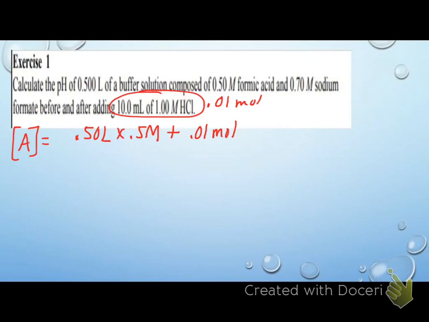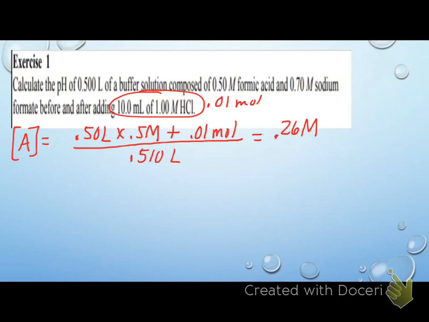And then I need to divide by what? The new volume, which is 0.510 liters. Okay? So that's going to be my new concentration. So I throw all that in my calculator and I get 0.26.